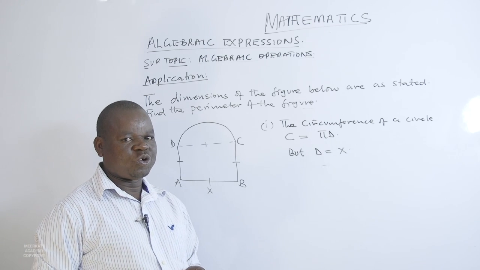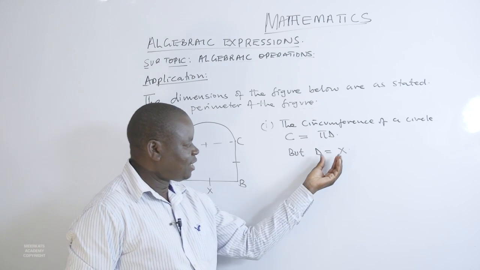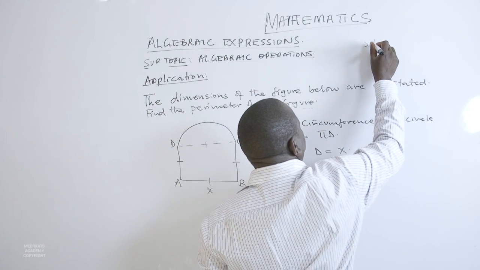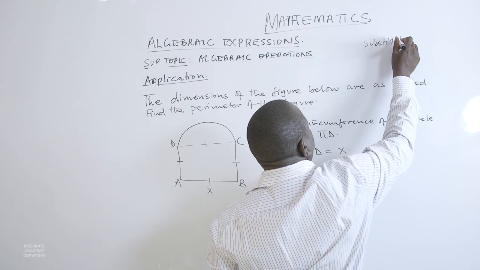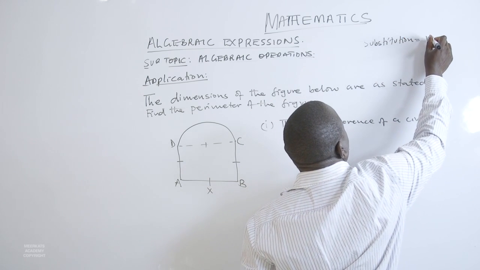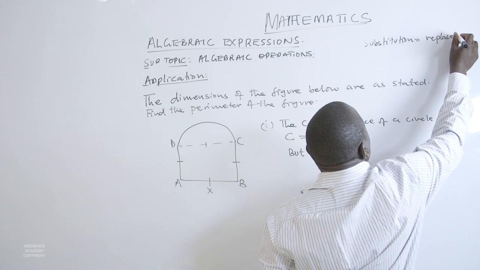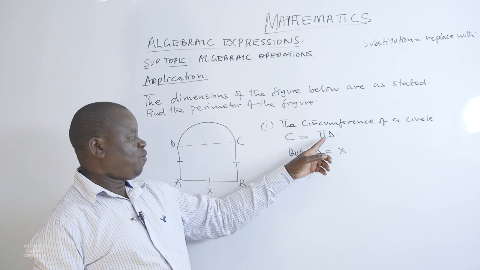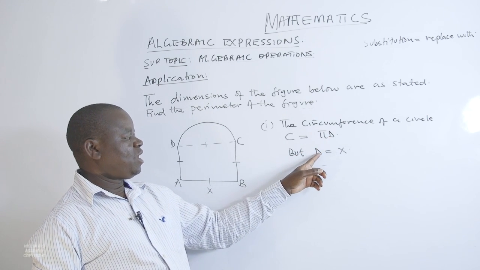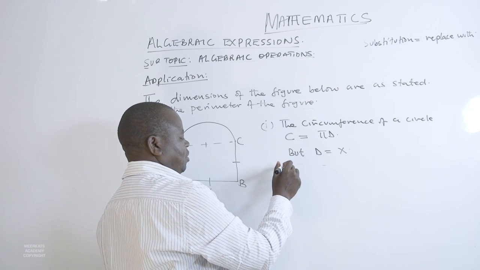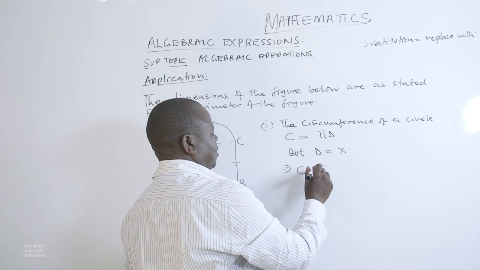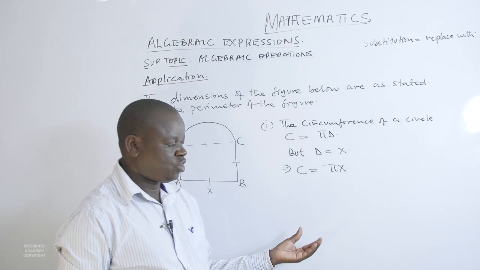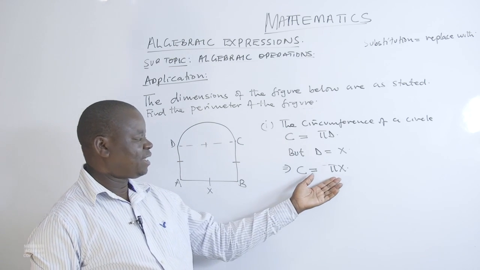Remember yesterday we did what we call substitution, and we said that substitution just means replacement, to replace with. So where I have my d, it is replaced with the x. So I get my circumference of the circle as pi x.